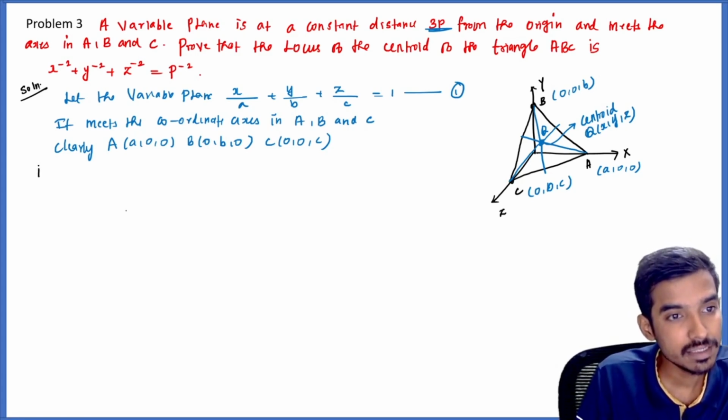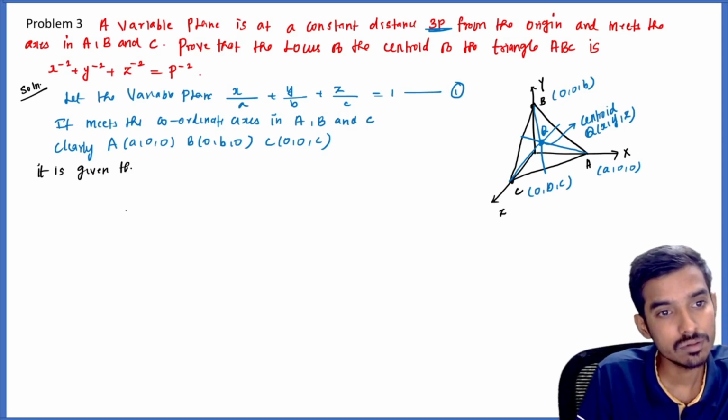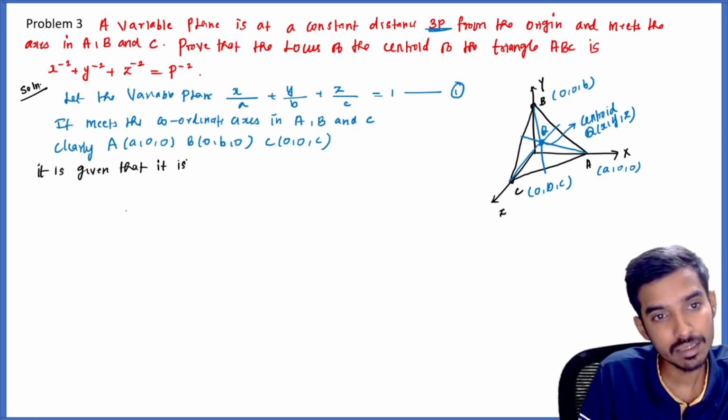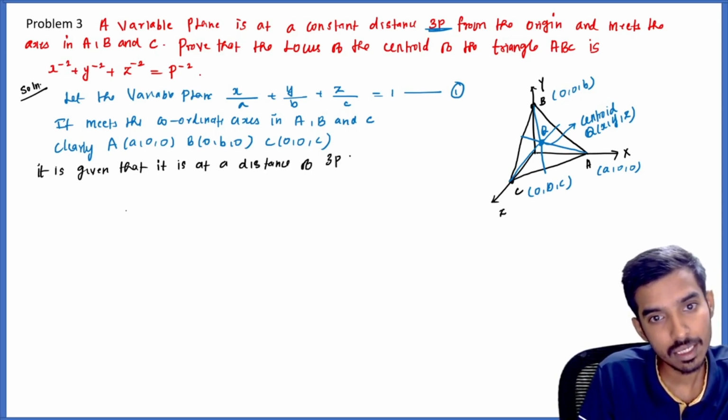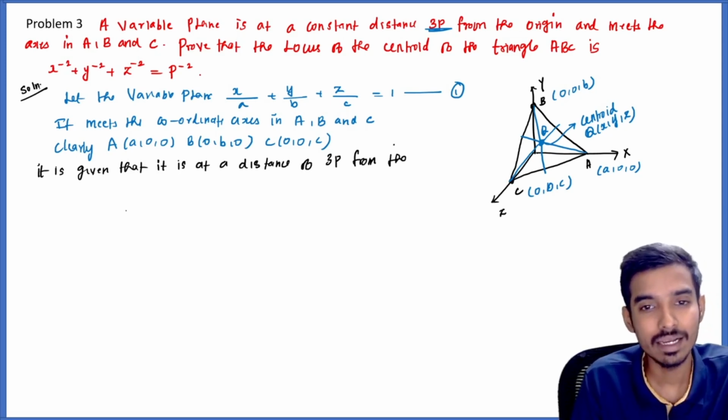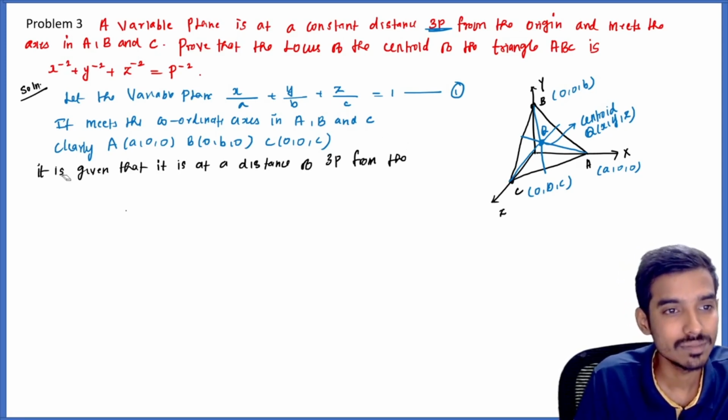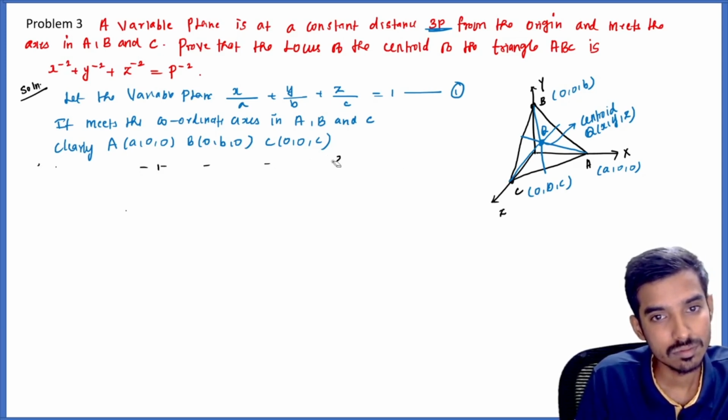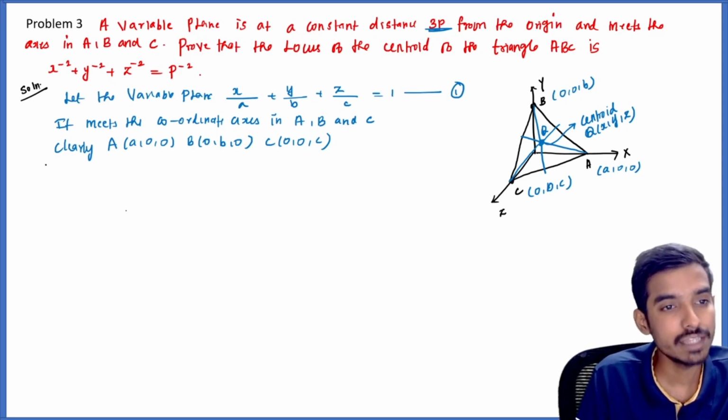So it is given that the plane is at a distance of 3p from the origin, right? So you use this data.